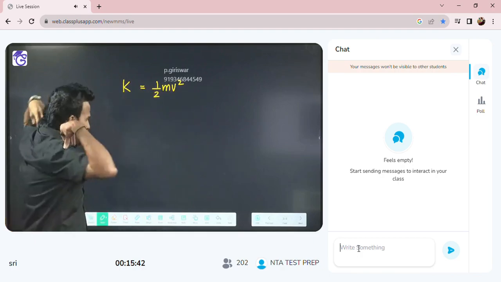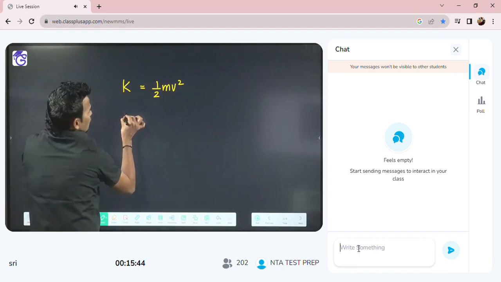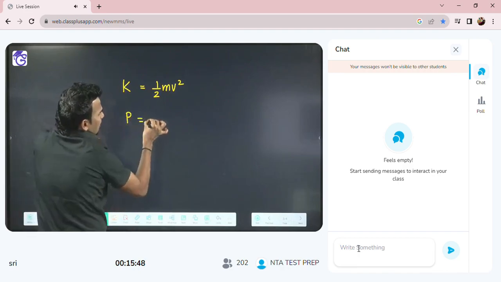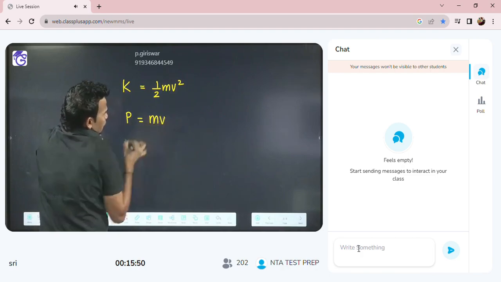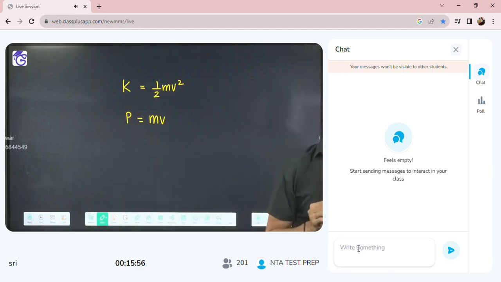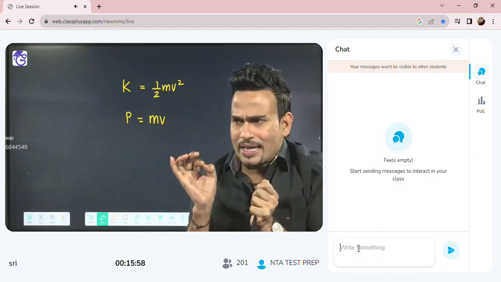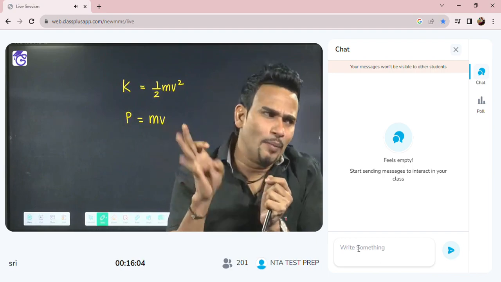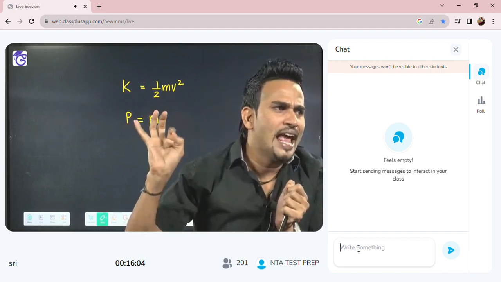And you also know this moving body will also have some momentum. The magnitude of momentum is m into v.